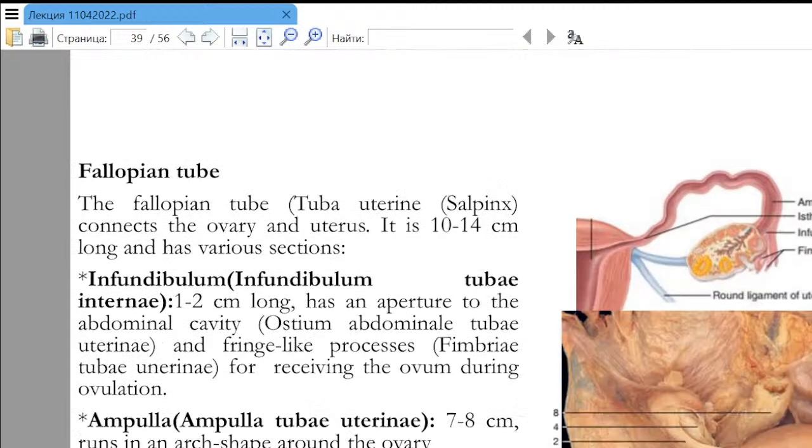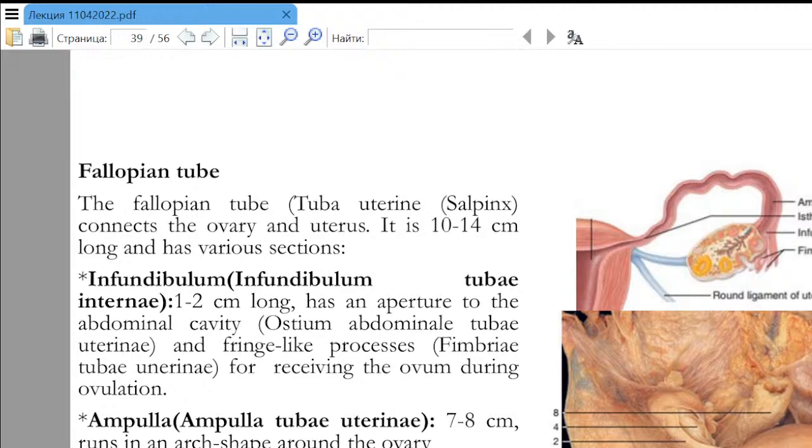Fallopian tube. The fallopian tube, tuba uterina, salpinx, connects the ovary and uterus. It is 14 centimeters long and has various sections.